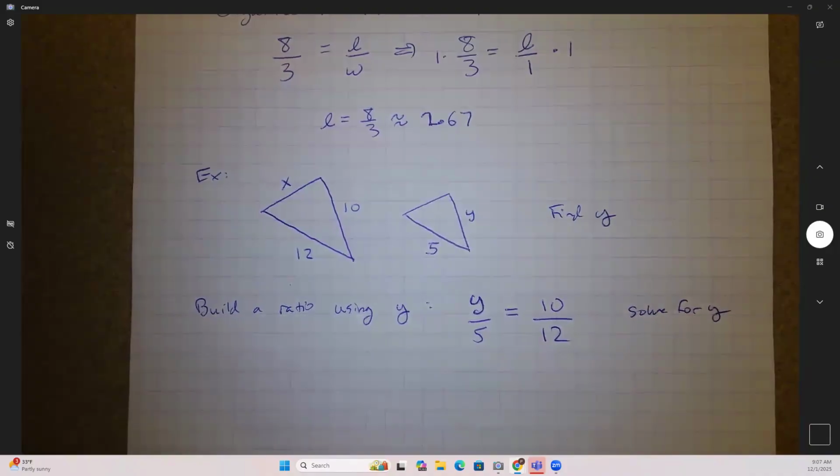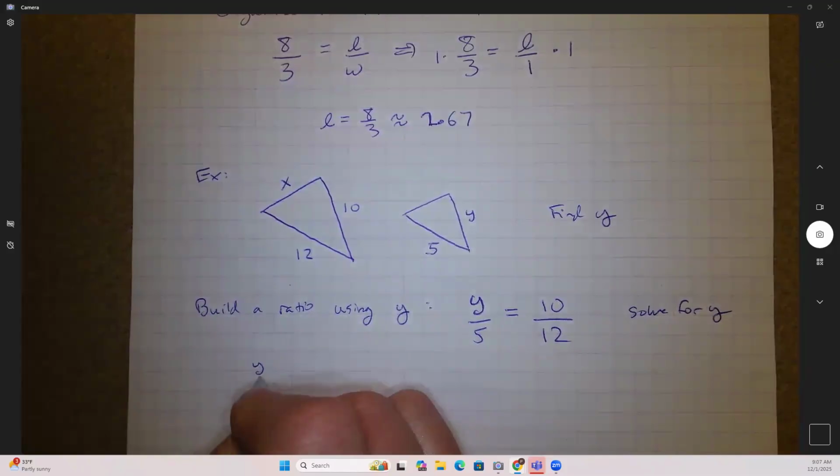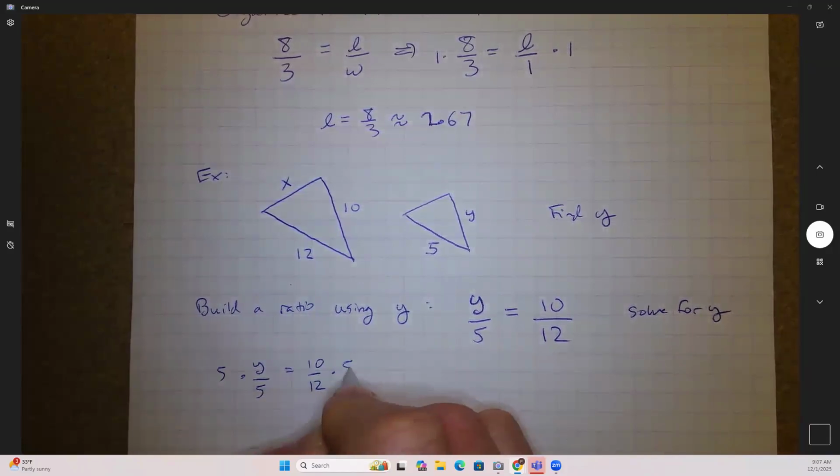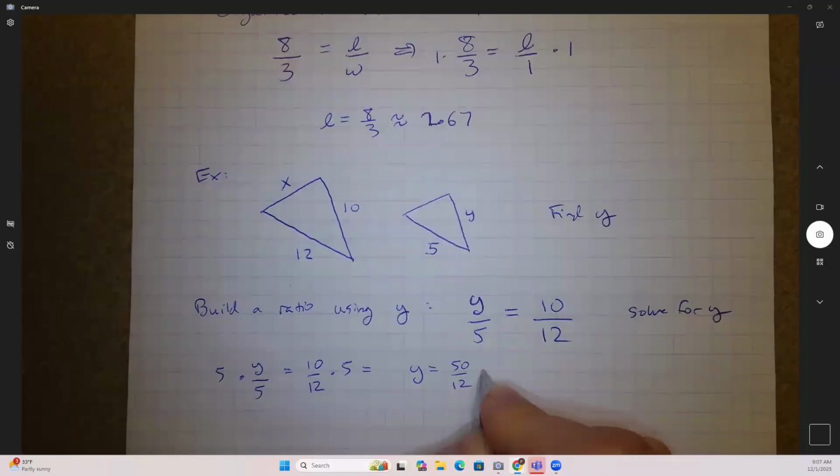All right, so I organize my information because now the top and the bottom have real meaning. They're not just a single number, right? They're two different numbers that I organize together to have meaning. Solving for Y in this case as simple as multiplying both sides by 5. And I get Y equals 50 over 12.